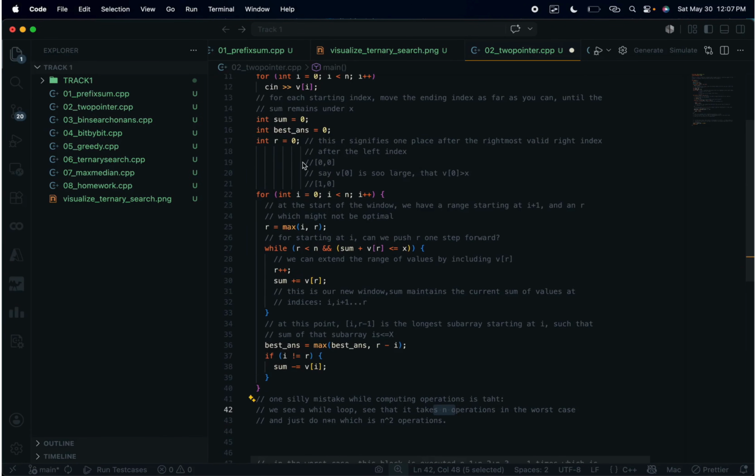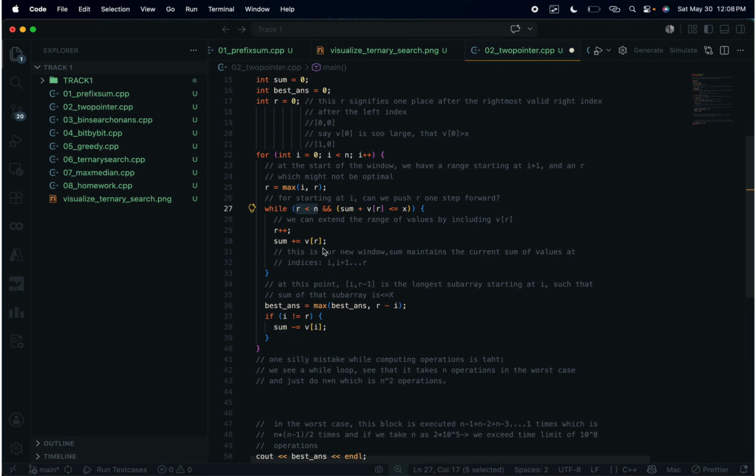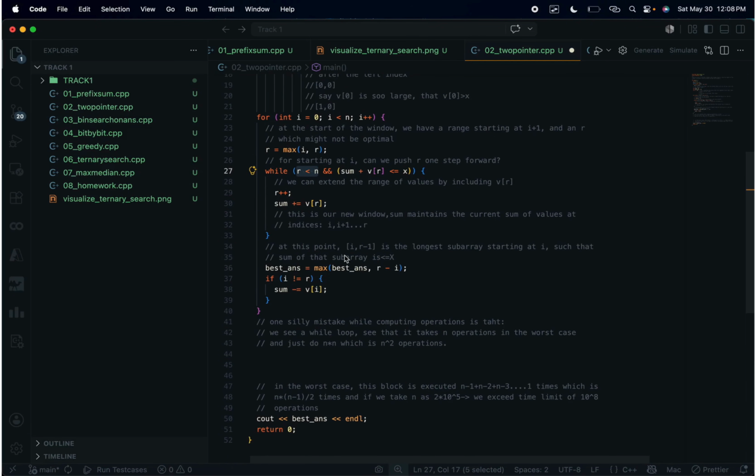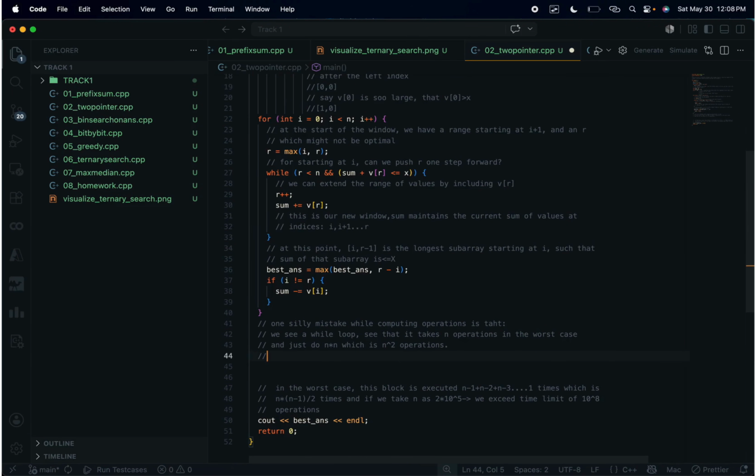And as I explained, we increment R each time this while loop executes. So we can't execute this while loop more than n times because we have this R less than n condition here. So this solves our problem in linear time complexity. So the number of operations used here would be about n for the while loop body.